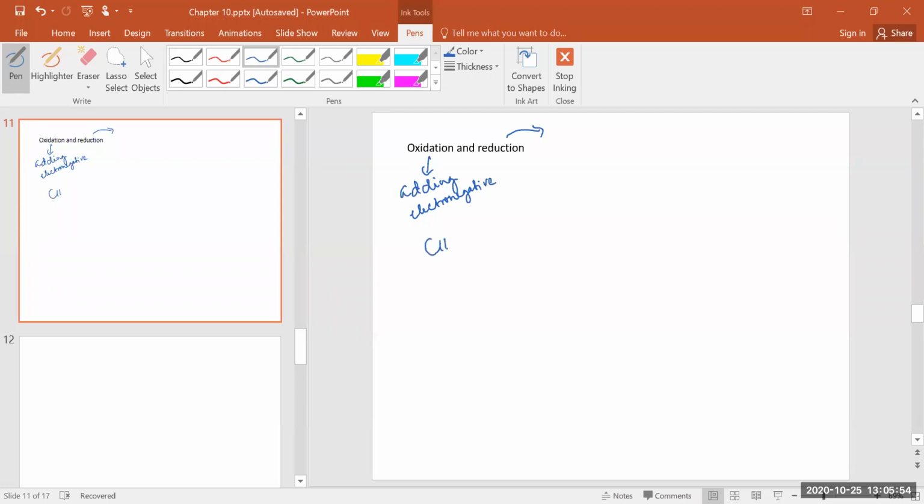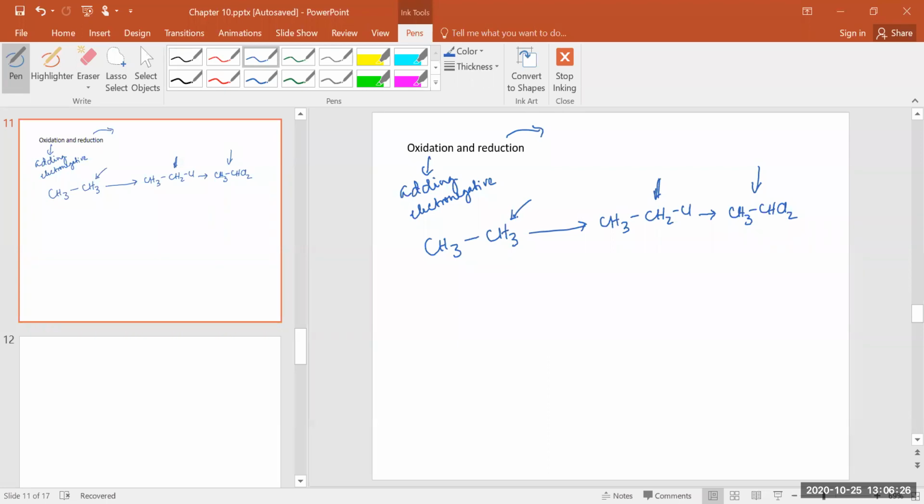Suppose you have ethane, and you replace one hydrogen by a halogen, by chlorine, so it's oxidation. Adding more chlorine is more oxidation. It means this one has a higher oxidation level than this one, and this one has a higher oxidation level than ethane.